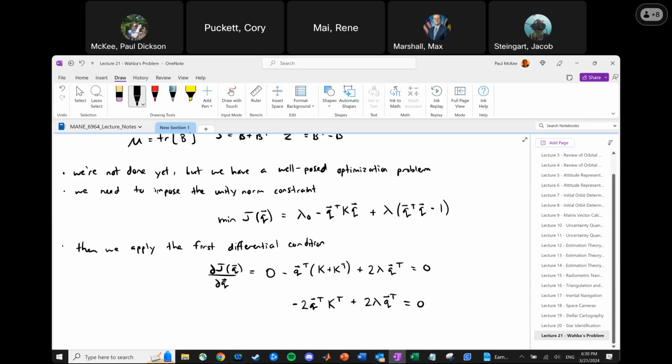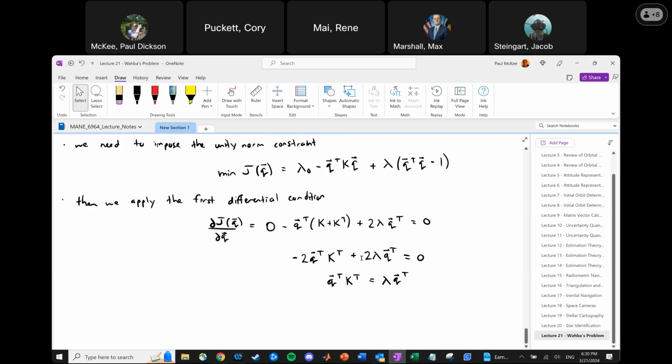Okay. Now, if we get rid of these 2's and we move some things over to the other side of the equal sign, what we get is that q transpose K transpose is equal to lambda q transpose. Okay. Now, I'm going to take the transpose of both sides. So this becomes K q transpose is equal to lambda q.